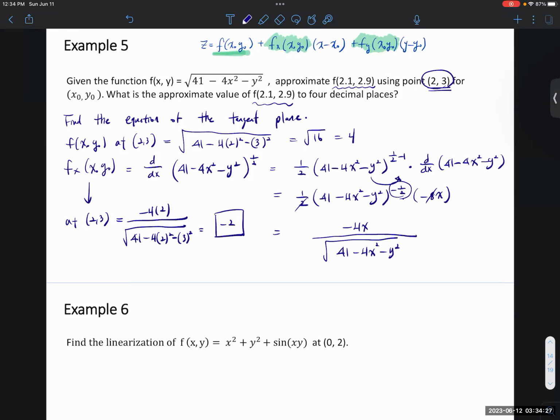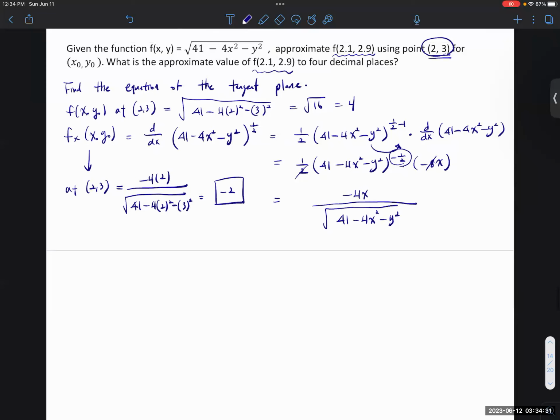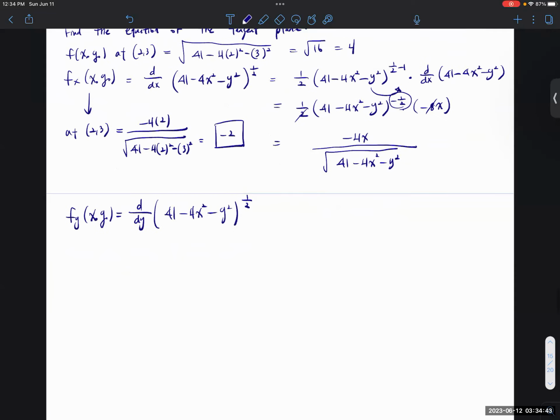Hold up there. We need to take the partial derivative with respect to y. So we're going to do the same work, f_y at (x0, y0), d over dy of 41 minus 4x squared minus y squared to the half exponent. So 1 over 2 times 41 minus 4x squared minus y squared to the 1 over 2 minus 1, times d over dy of 41 minus 4x squared minus y squared.